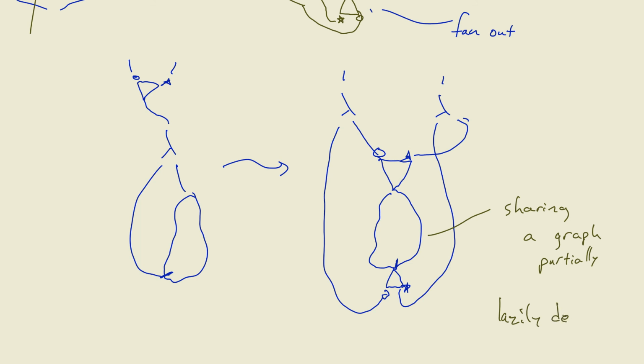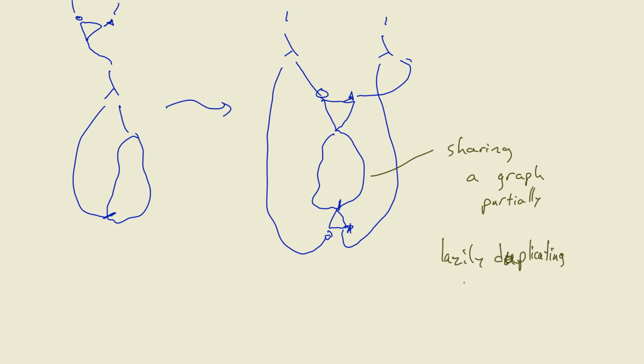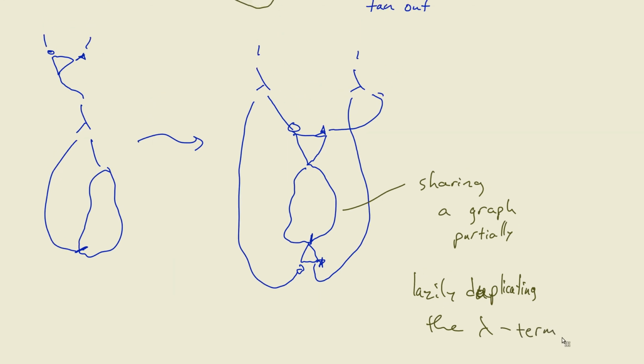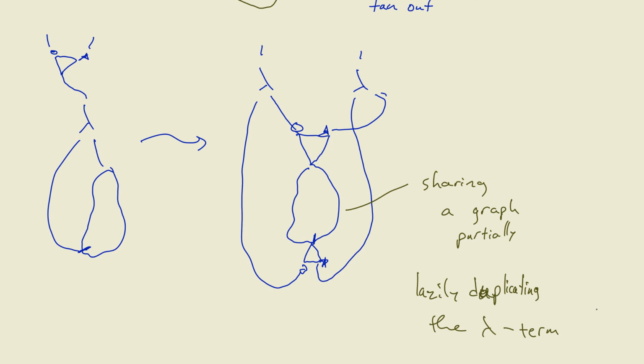Lazily duplicating the lambda term. Okay, so that's the basic idea. It's more than just sharing a common subgraph. It's like finding a piece of the common subgraph that still makes sense, even as you try to split things.